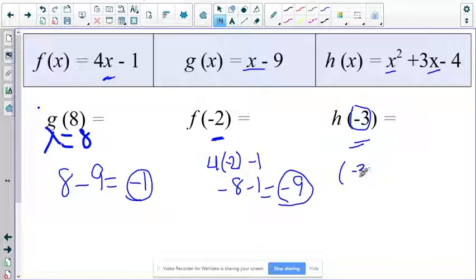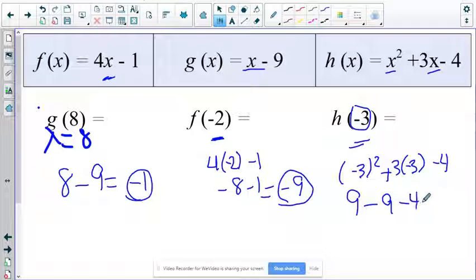So -3 squared plus 3 times -3 minus 4. So -3 squared is +9, plus 3 times -3 is -9, and then minus 4. If I add all of that together, I get -4. That's my answer.